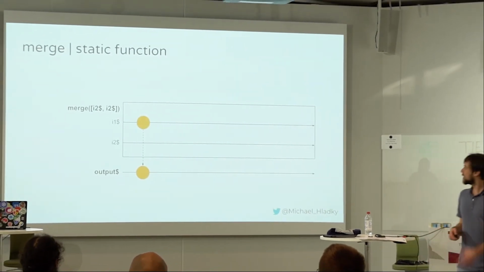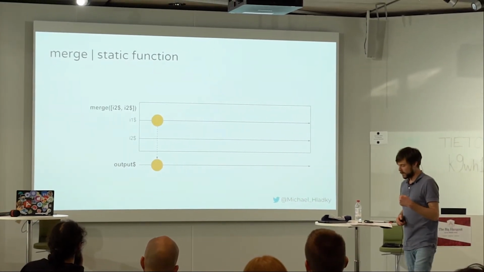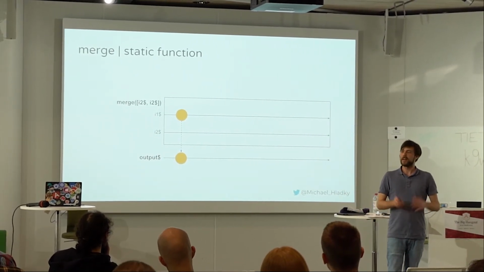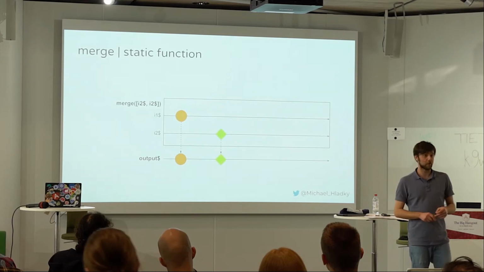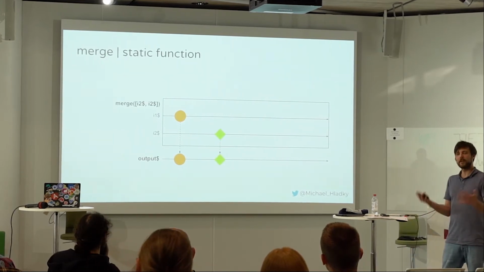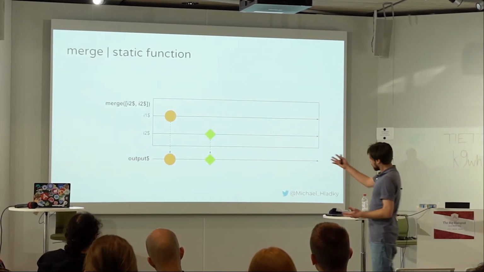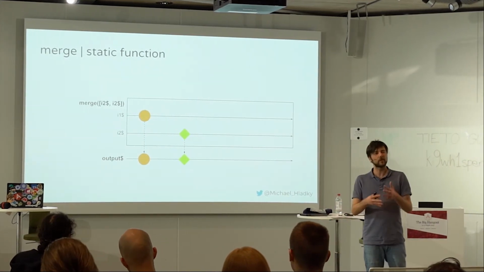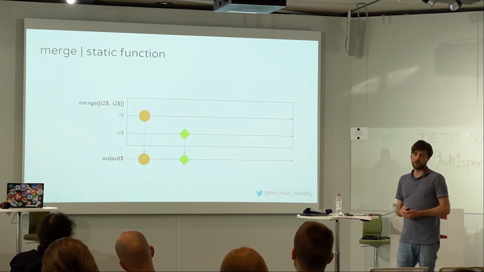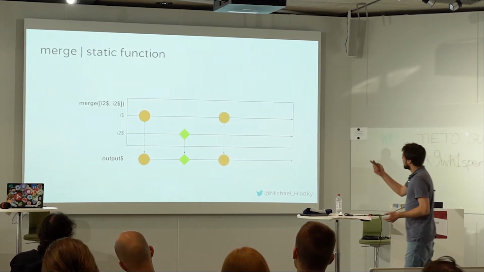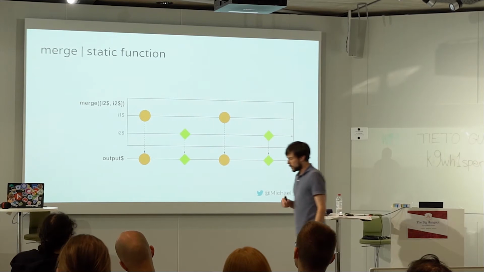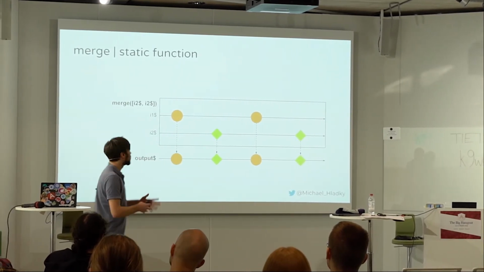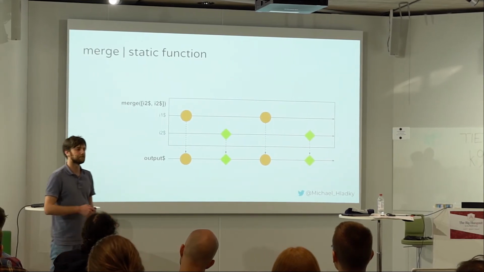Well, let's say our first input stream emits a value, and this value is projected into our output stream. And then the second input observable again emits a value, and this value is again projected into our output observable just in time. So we will not change anything in the order of time. No matter how many values all those observables emit, we will merge them together in this single output stream.